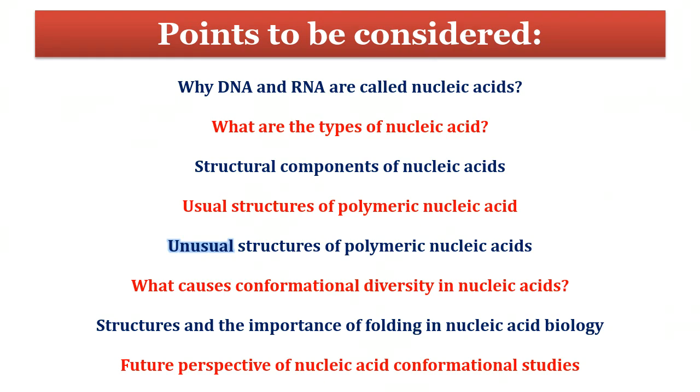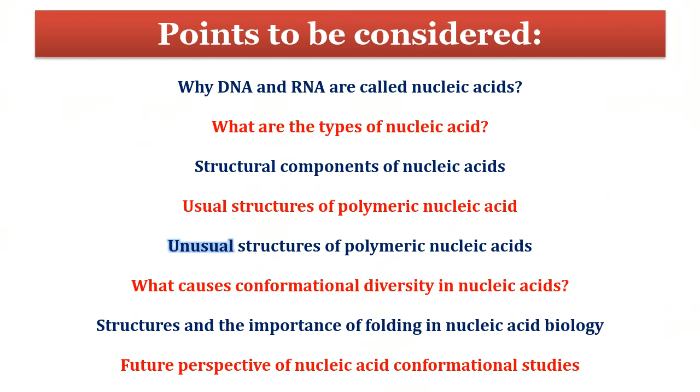To understand this topic of conformation of nucleic acids, the following points will be considered for discussion. Why DNA and RNA are called nucleic acids? What are the types of nucleic acids? Structural components of nucleic acids. Usual structure of polymeric nucleic acid. Unusual structure of polymeric nucleic acid.